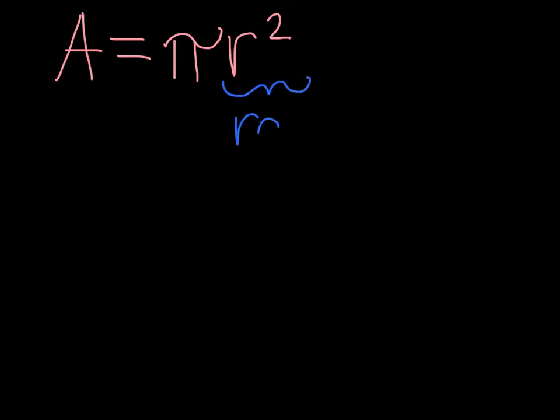And the formula for area of a circle is A equals pi times r squared. What we're going to do is really focus in on this r squared, which means radius squared.